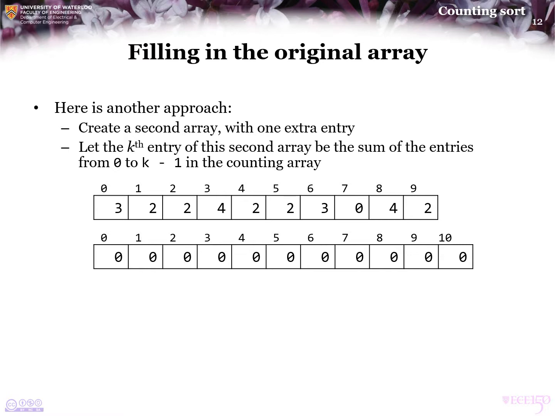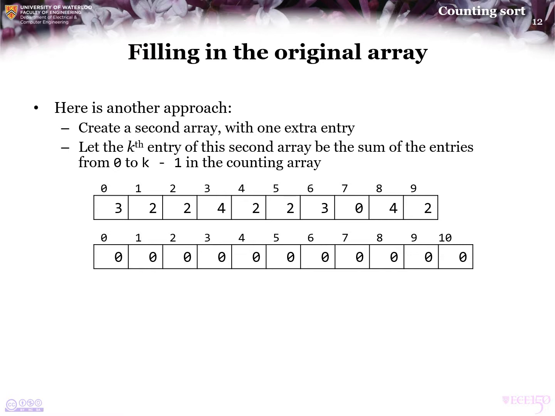What we will do is we will define the kth entry of this second array to store the value that is equal to the sum of the entries from index 0 to index k minus 1 in the original counting array. So, for example, index 5 in this second array will be the sum of the values at indices 0 through 4 of the original array.